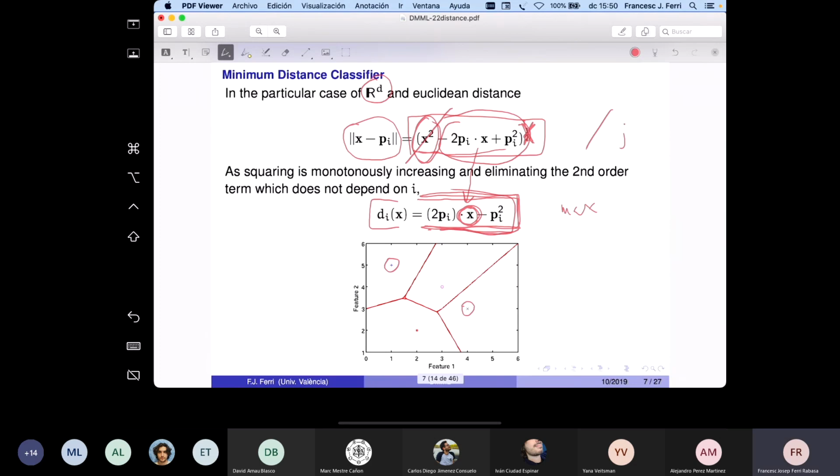What about the boundary between these two classes? Let's say this is class 1, 2, 3, and 4. There is a D1 discriminant function, and there is a D4 discriminant function. This line corresponds to D1(x) equal to D3(x). This equation gives me this linear function.